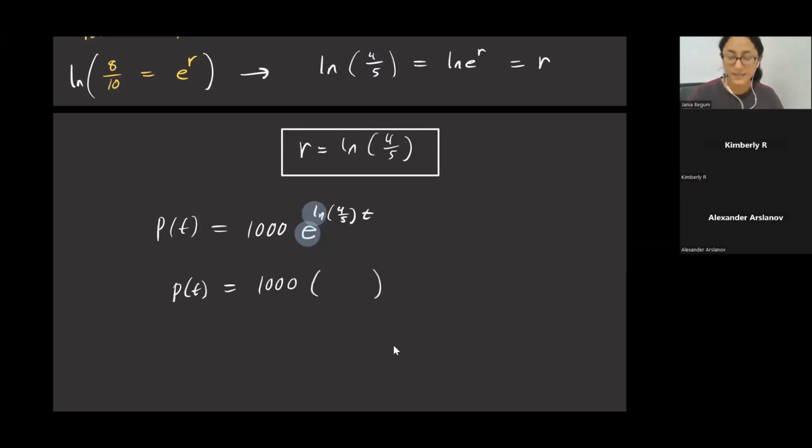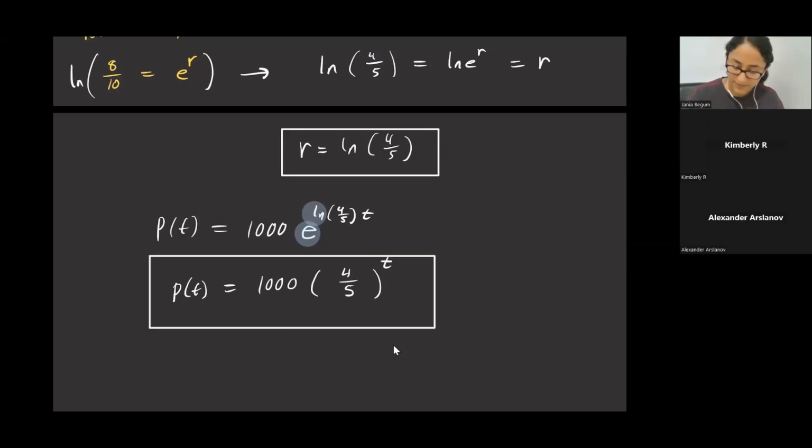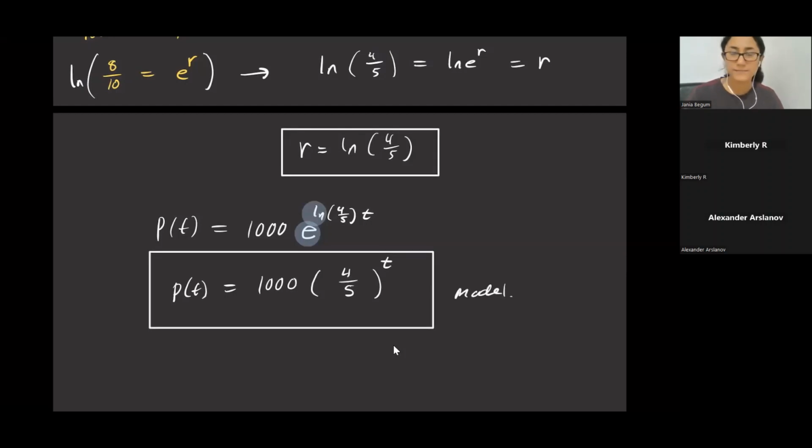When you cancel e and ln, only the input 4 over 5 drops down, and you still have t as an exponent. So that's the model. Anytime you have the e and the ln next to each other as an exponent, they cancel? Right. This is using the property from logarithms: if you have e to the power ln of x, that's just x.